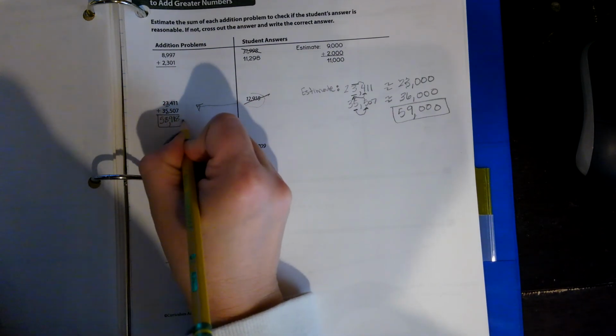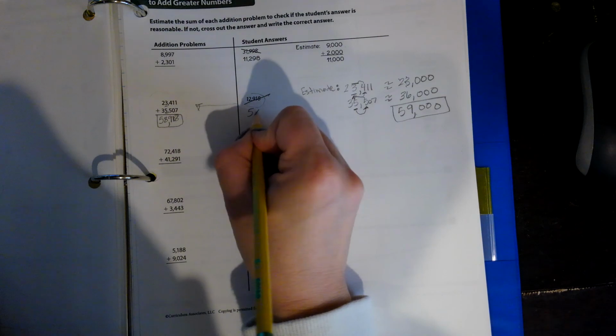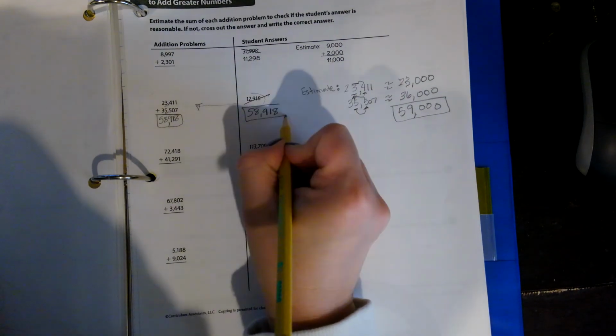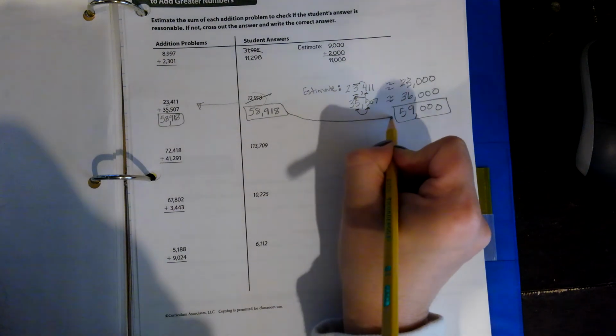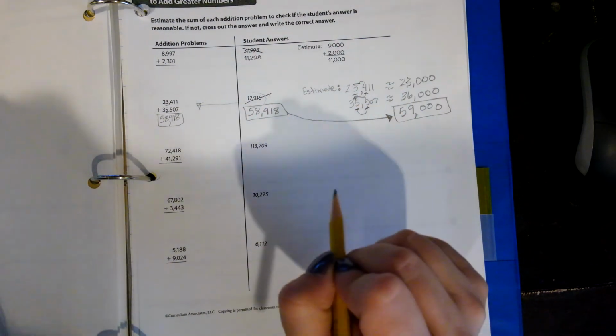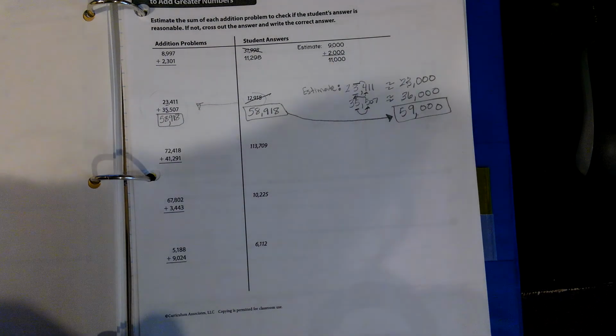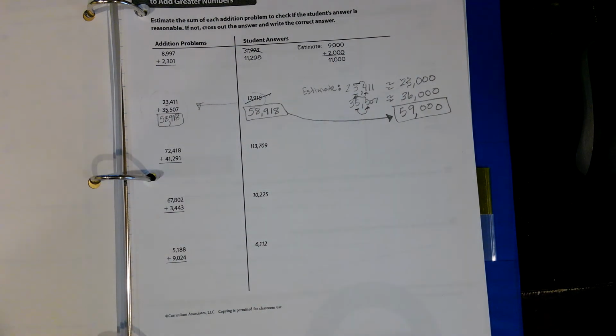So the actual answer is 58,918. And look, our answer is super close to our estimated answer. In fact, it's less than 100 off. So that was a great number to estimate to.